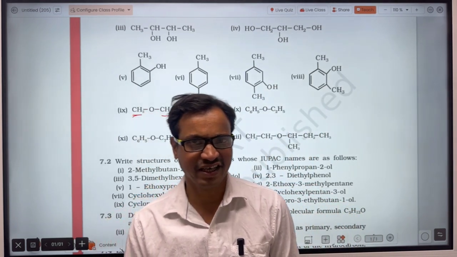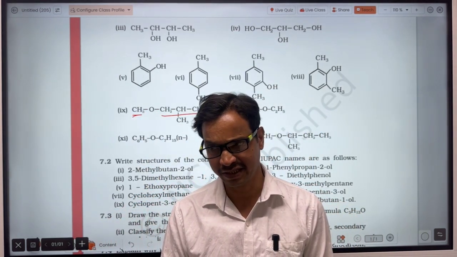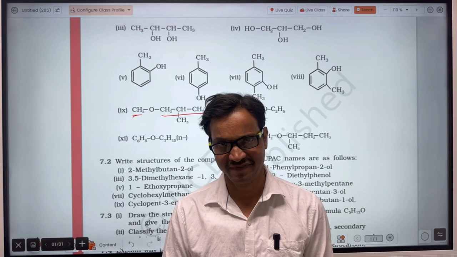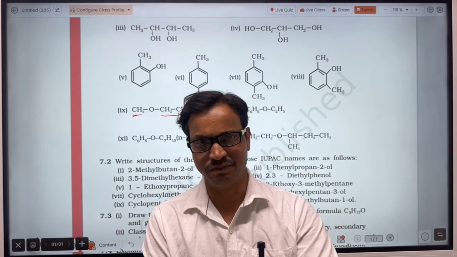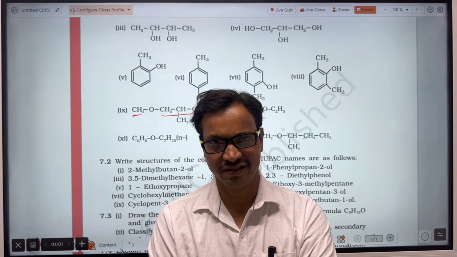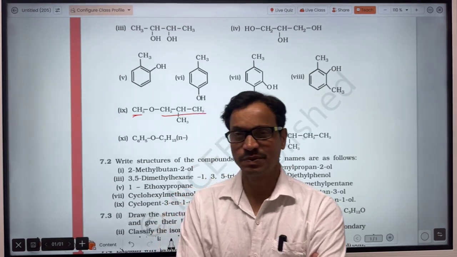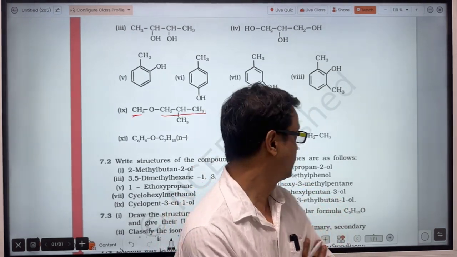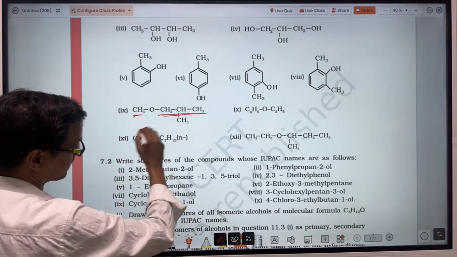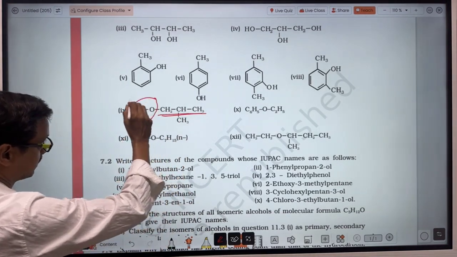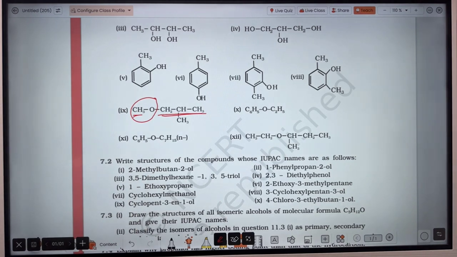For the smaller alkyl part we write alkoxy. That means for a small alkyl group, it becomes alkoxy. Here it's methane, so that will be called methoxy. Then this one is the main chain, and this whole methoxy is considered a substituent.